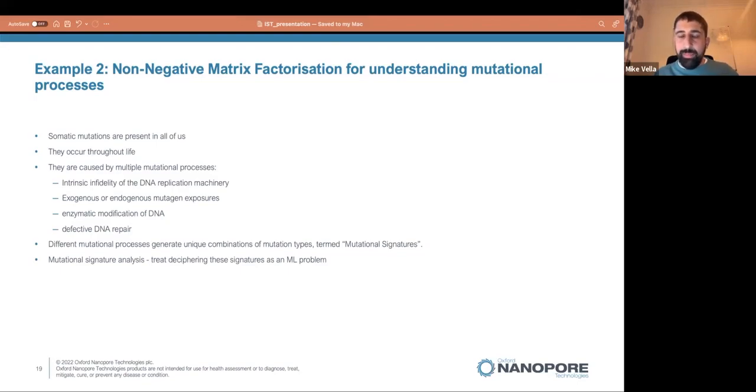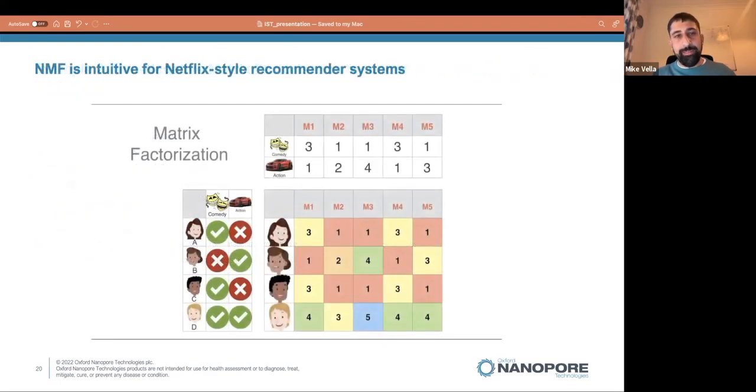The mutations caused by drinking alcohol are not the same as the mutations caused by exposure to uranium or something. So understanding how these processes lead to different types of mutation patterns is called mutational signature analysis. And one of the main techniques used is called non-negative matrix factorization.